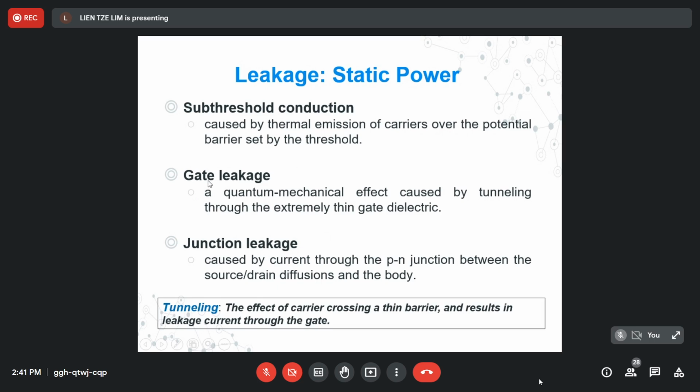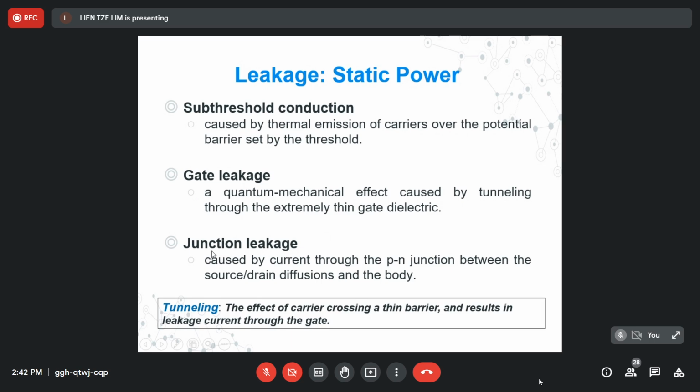And then gate leakage is a quantum mechanical effect caused by tunneling through the extremely thin gate dielectric. What is meant by tunneling here is the effect of the carrier crossing a thin barrier and resulting in leakage current through the gate.